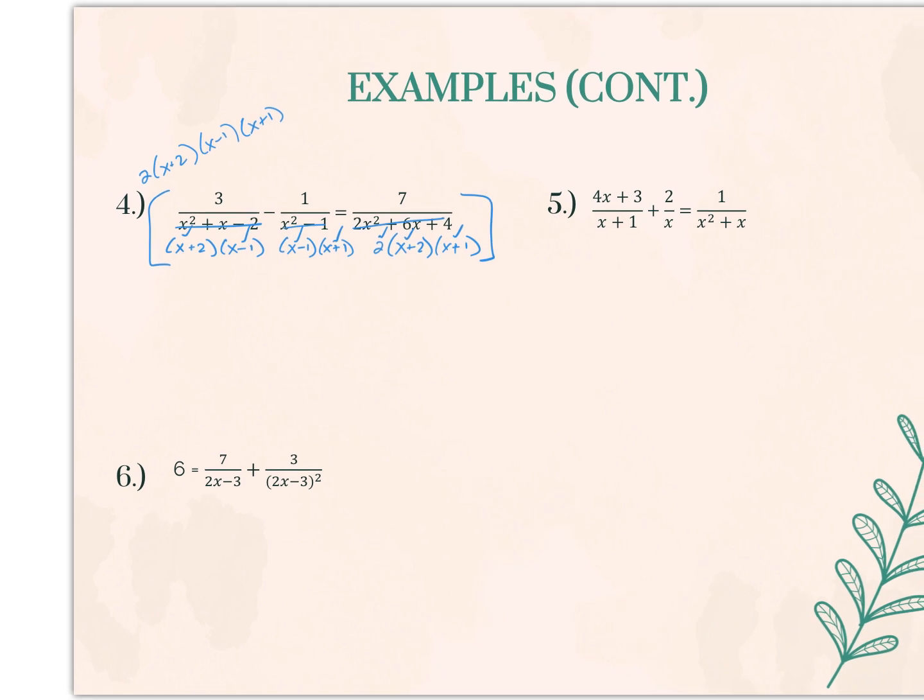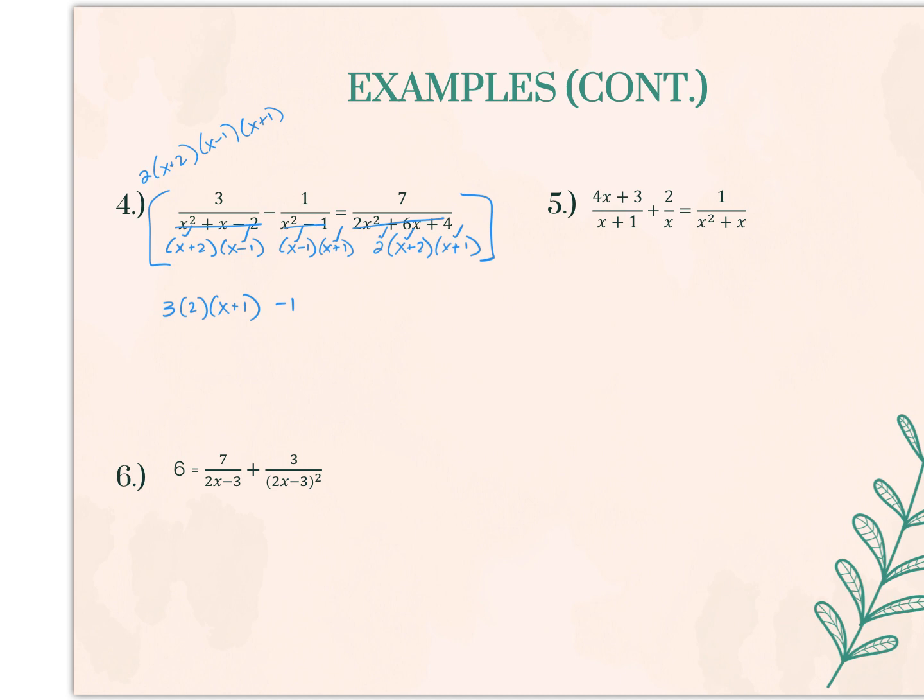You go to the first one, you have a 3 in the numerator spot, and when you multiply by the least common denominator, the x plus 2 is going to cancel out, and the x minus 1 is going to cancel out, which means you're going to multiply the 3 by 2 and by x plus 1, because those weren't included there. So then you go to the next one, minus 1. What are you going to multiply that one by?